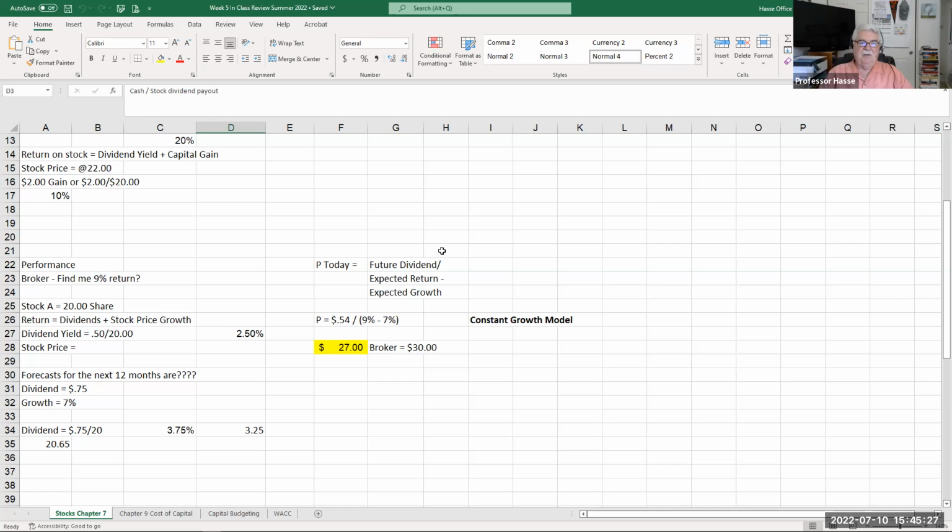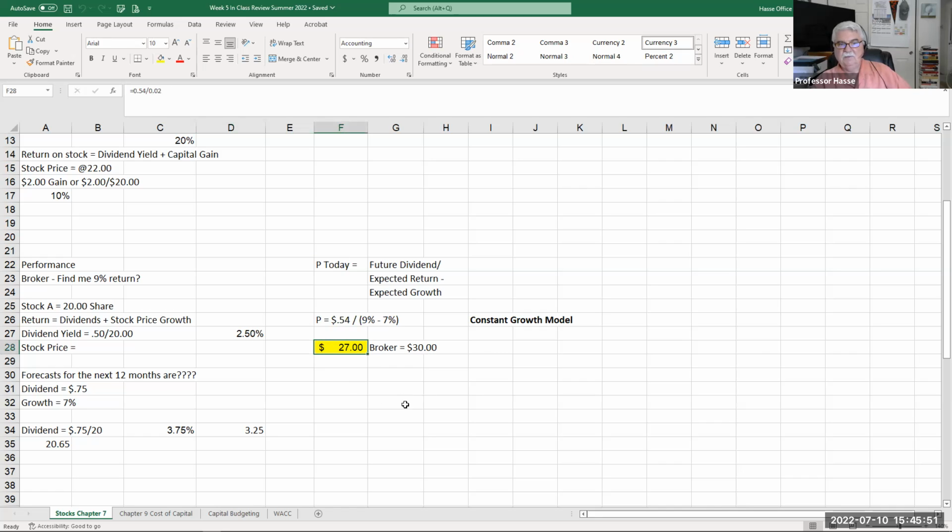So if I know that my stock is going to be paying 54 cents a share in the next year, if my company expects a 7% growth rate, and if I anticipate personally a 9% return, I put that into a formula called the constant growth model, which is dividends divided by the difference between expected return and expected growth.